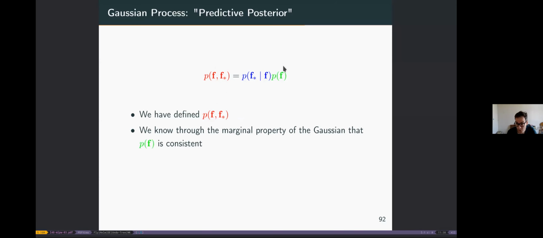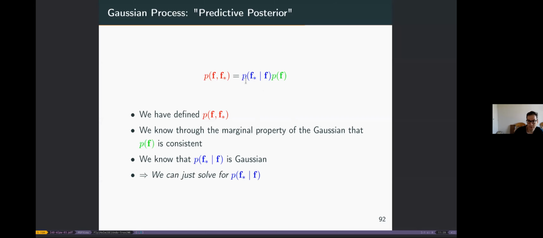Now this term, the green one, which is the distribution over the data that I've seen, well, we know this through the marginal property of the Gaussian. And we know that this is consistent with this. So the only thing I need to do is to solve for this, and now that is just a conditional Gaussian.